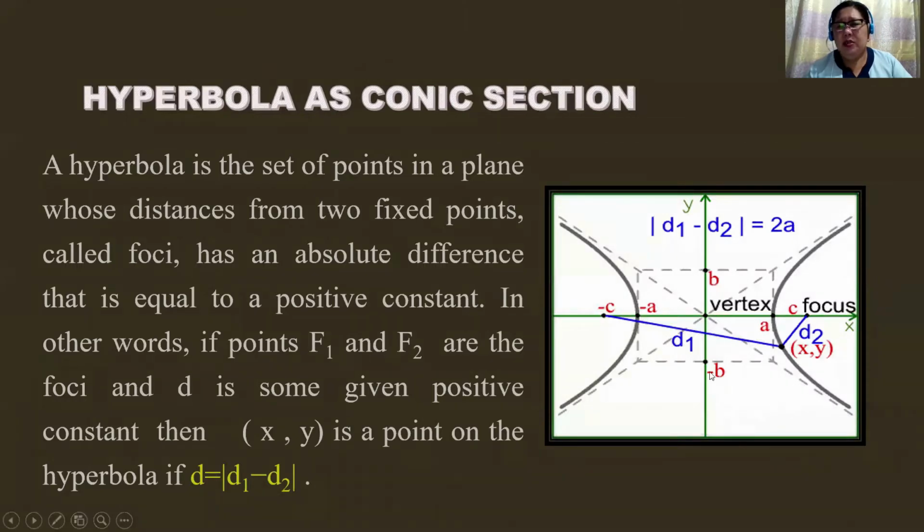In this illustration, the segment from this point to this point minus the segment from this point to this point is equivalent to 2a, where a is the distance from the center to the vertex.